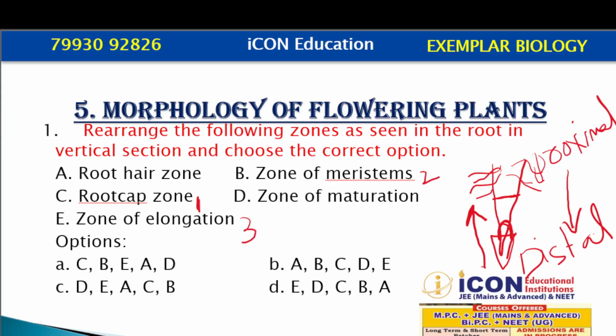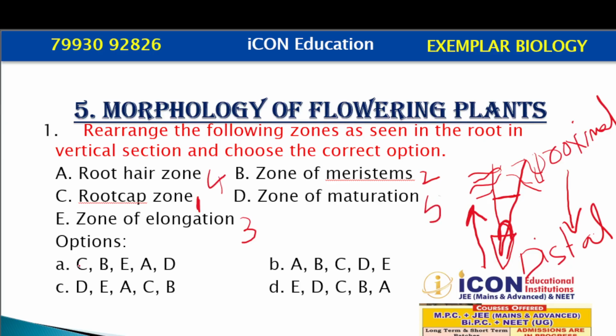Then above the zone of elongation, root hair zone and zone of maturation, both are same, because zone of maturation will have root hairs. So, if D is given first or A is given first, it will not make a difference. So, we will go with this as 4 and this as 5.